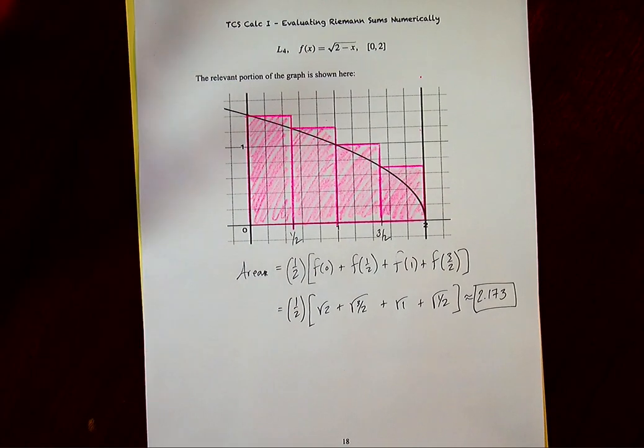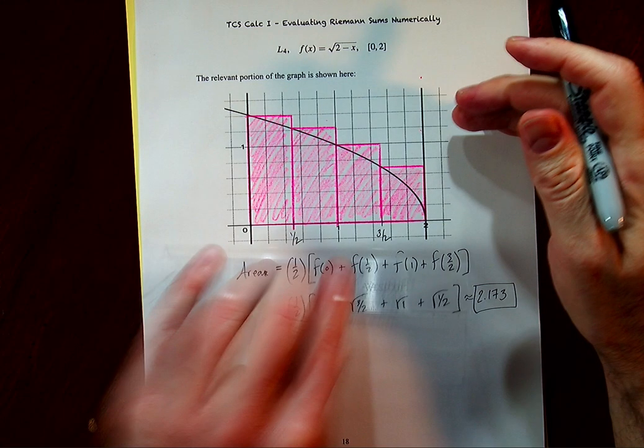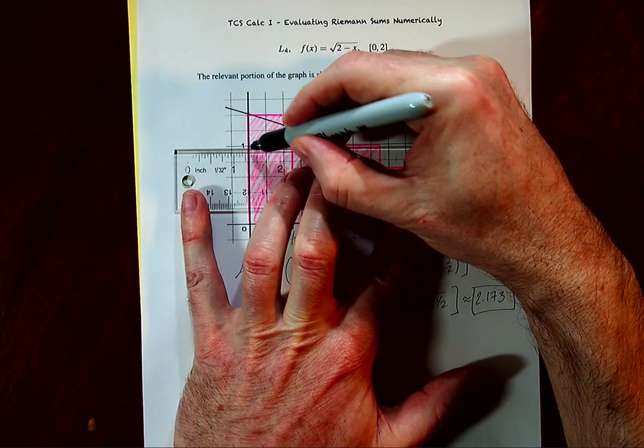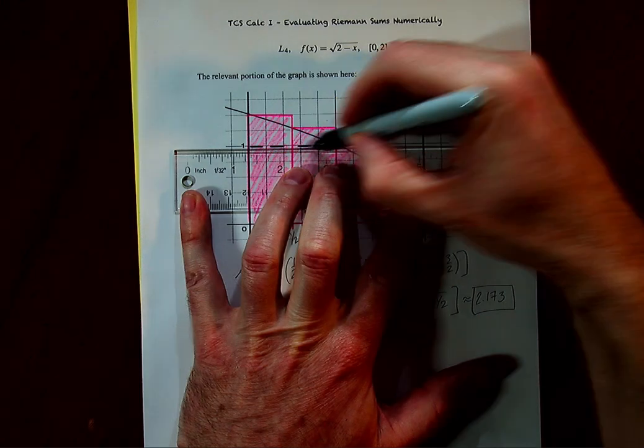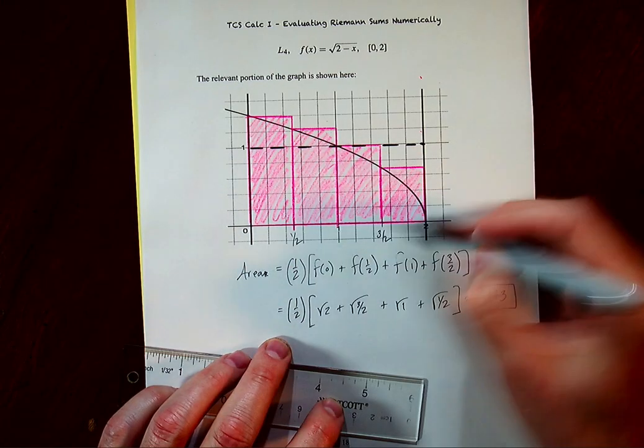Now, is that reasonable? And the answer is yes. If you just look at the geometry of this, you can determine whether that's reasonable just by drawing a straight line through here all the way and creating this rectangle right here.